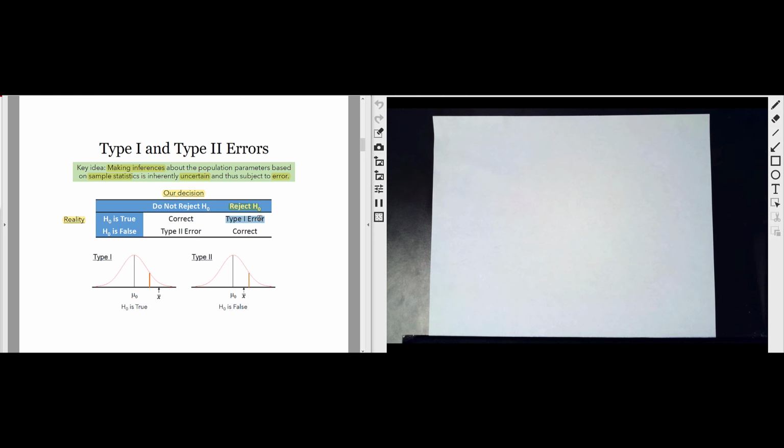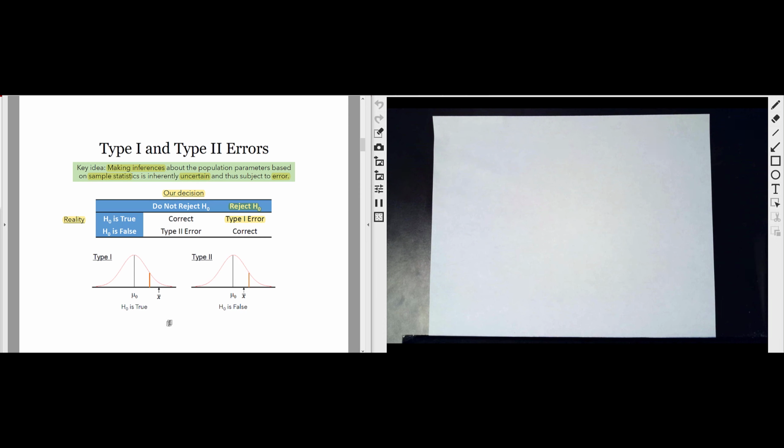And that, with a total lack of imagination, is referred to as a type 1 error. All right, sometimes, you know, I wish there were more intuitive names for various things in statistics, and this is one of them. But a type 1 error is the kind of error where you reject a null hypothesis even though the null hypothesis is in fact true.